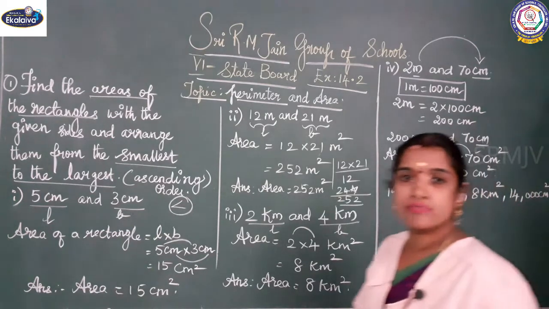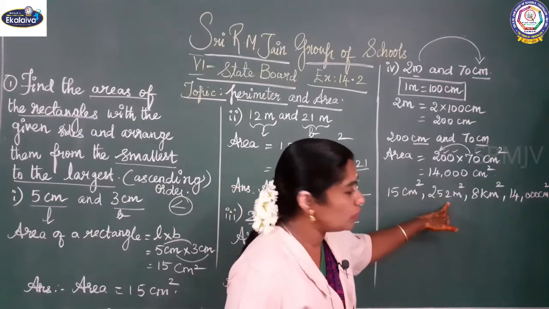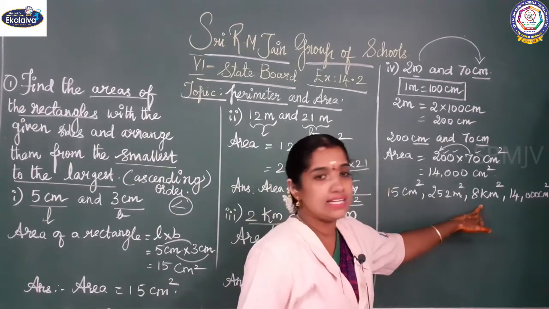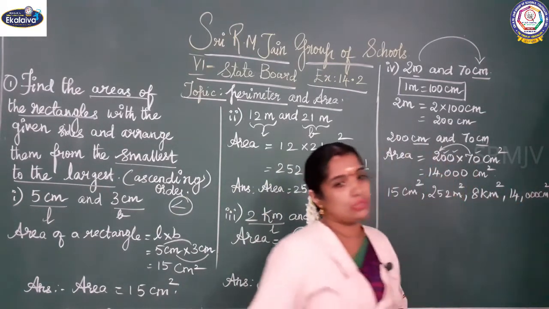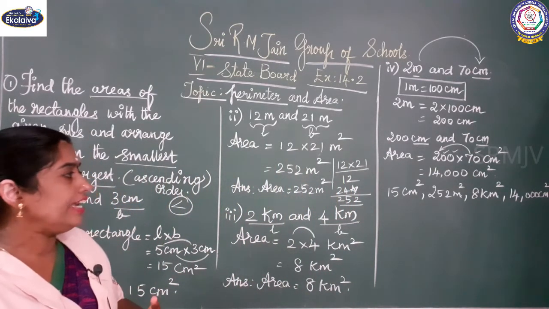Can you clear this? This is first one answer, second one answer, third one answer, and fourth one answer. Now I am going to arrange this in ascending order.